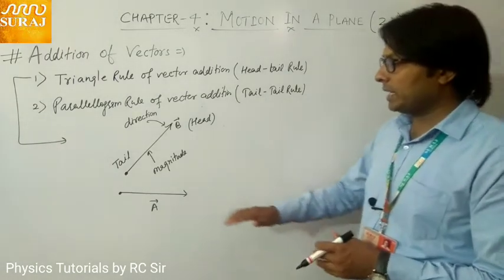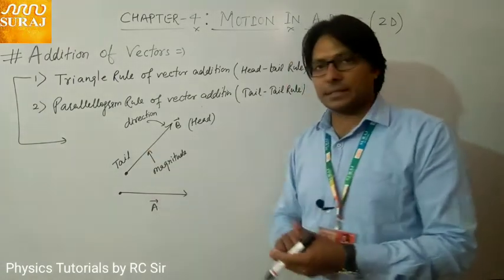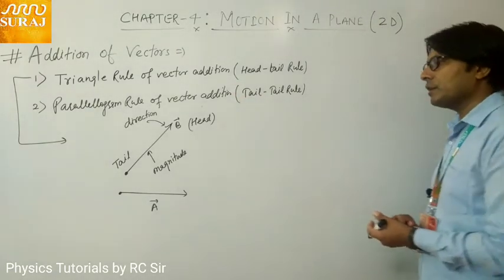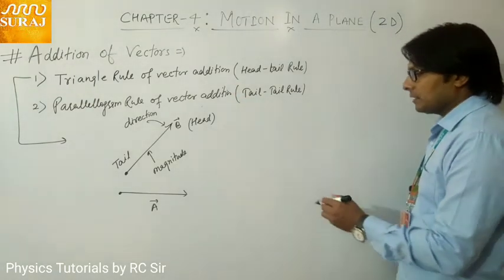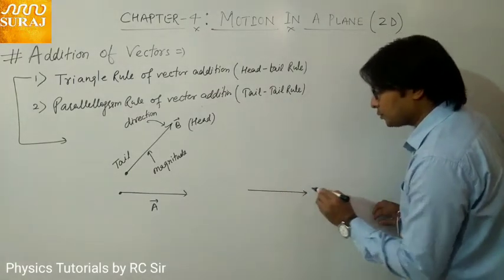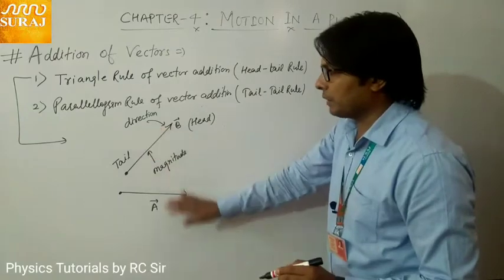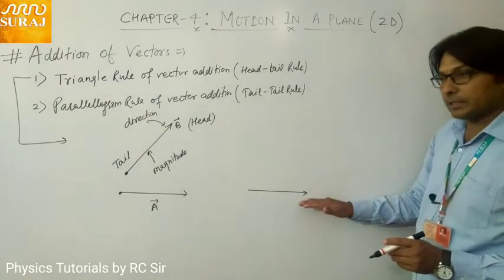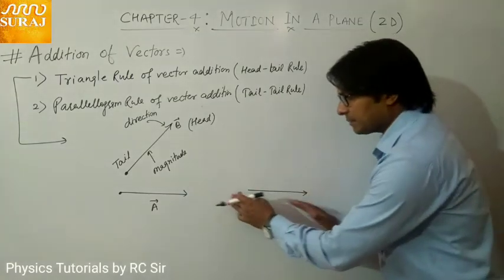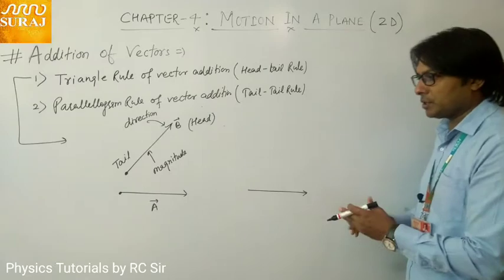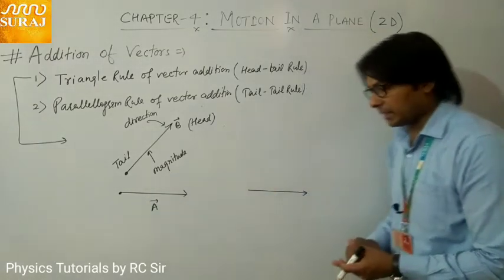If we want to add these two vectors using the triangle rule of vector addition, then we will construct two sides of a triangle using these two given vectors. So this is vector A, which I have written here. The magnitude is the same, the direction is the same, so there is no alteration in the direction and magnitude of this A vector.